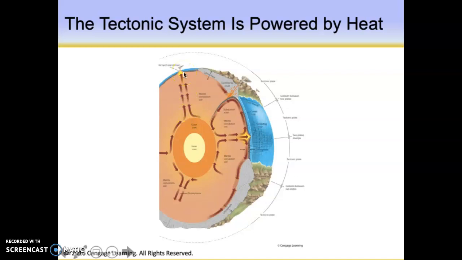It rises up toward the surface. In some places that gives us hot spots. In other places that helps drive our mid-ocean ridges. In other places we have the plate sinking back down into the mantle, and we'll talk more about this in the next set of slides where we look specifically at what happens at different plate boundaries.